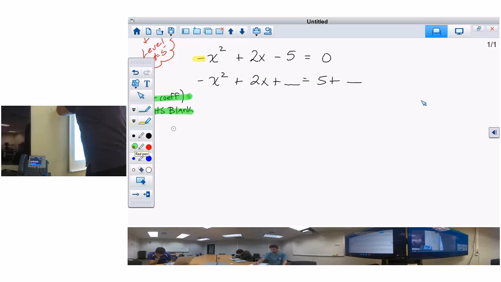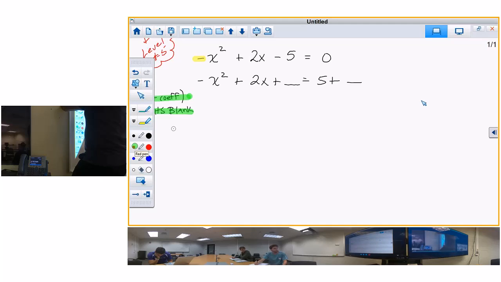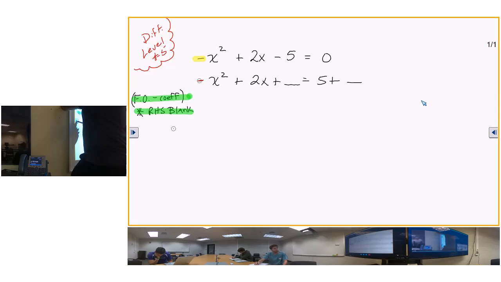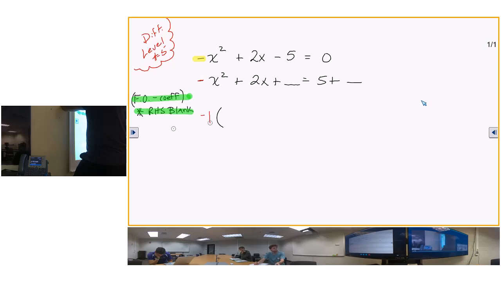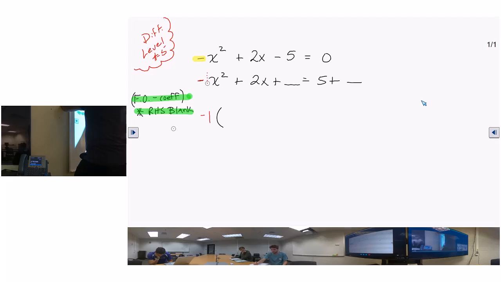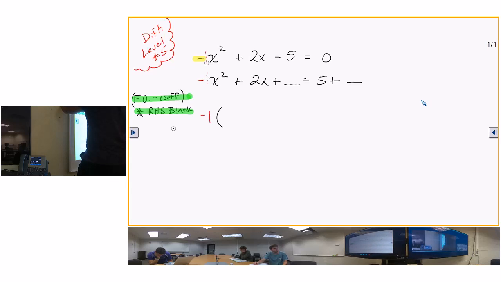So this negative is going to have to be factored out. I'm going to write it as -1, because if that was a -2 or a -1/2, I would factor out a -2 or a -1/2. Make sure you remember that.